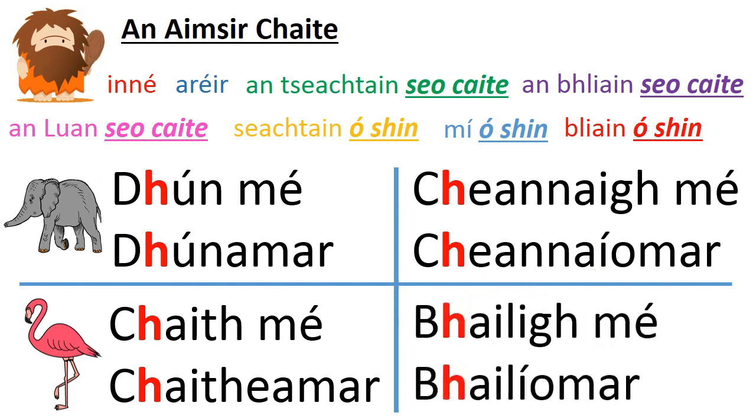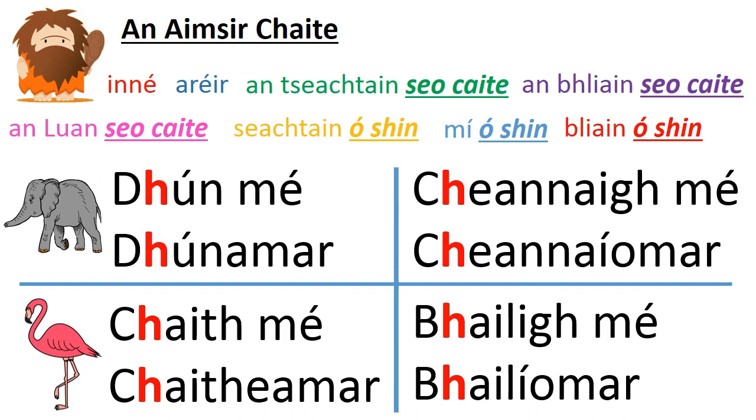Agus an ceann deireanach, bhailigh mé, tú, sé, sí, sibh, siad, ach bhailíomar, we collected. Guta caol, I, agus guta caol, I. Caol le caol, sin ceart go leor. So I hope that made sense. An rud is tábhachtaí le cuimhneamh, the main thing to remember, caol le caol, leathan le leathan.